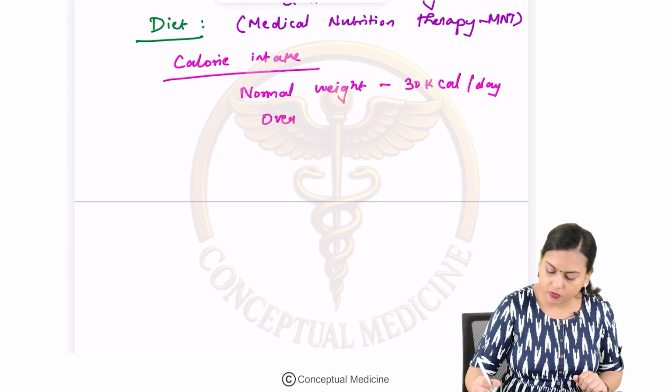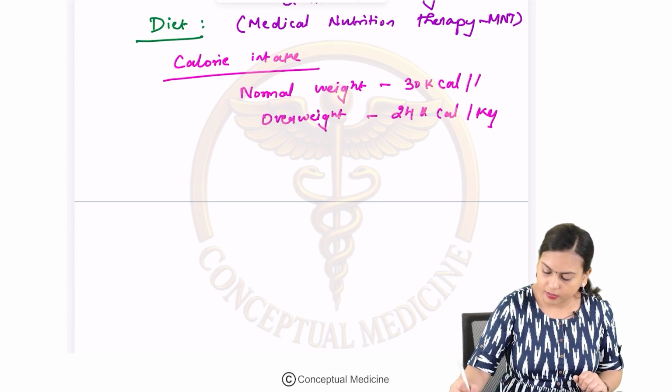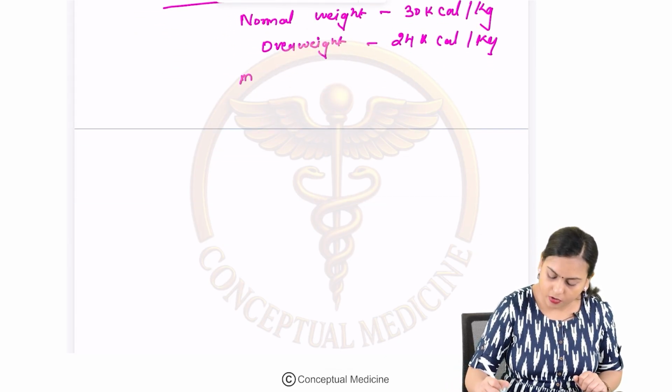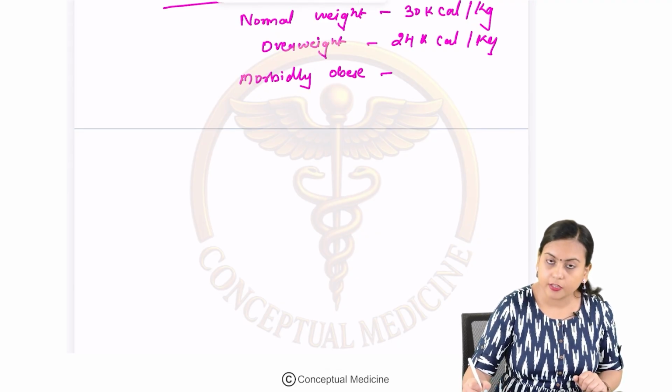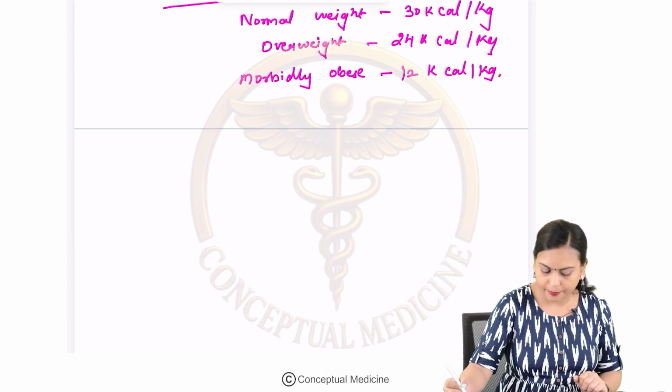If she is an overweight woman, the calorie intake should be around 24 kilocalories per kilogram. And if she is a morbidly obese woman, then it should be 12 kilocalories per kilogram.